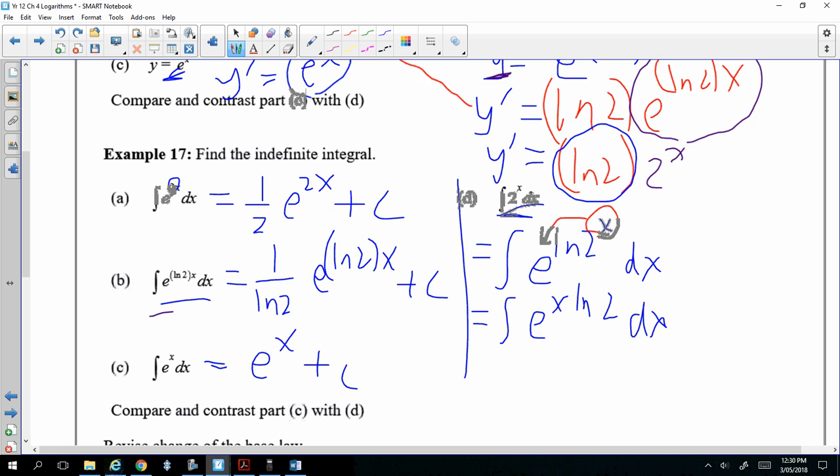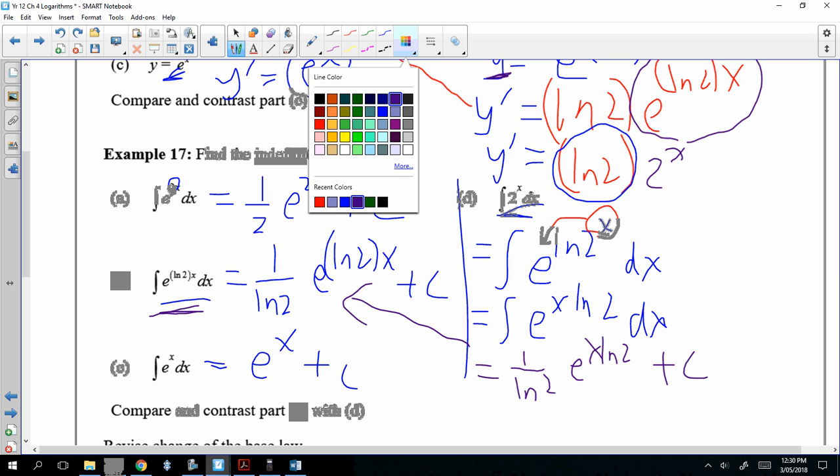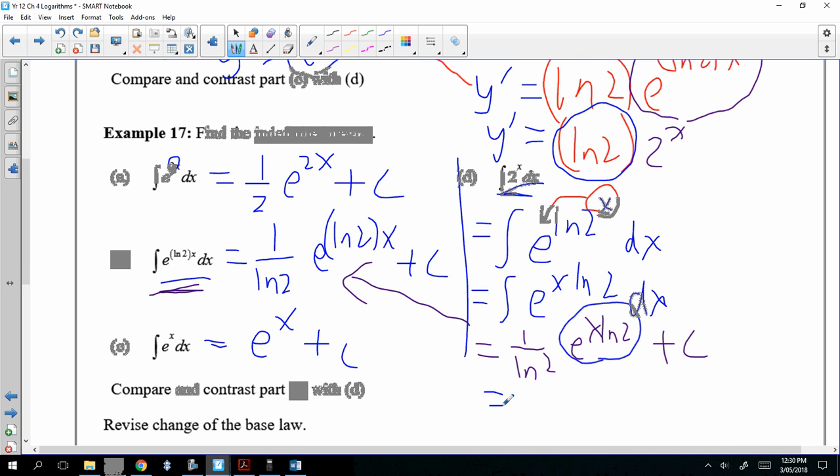But what's e to the power of x ln 2? This is just 2 to the power x. So you can write that as 1 over ln 2 times 2 to the power x plus c. So when we integrate 2 to the power x, we have that extra constant there. Okay?